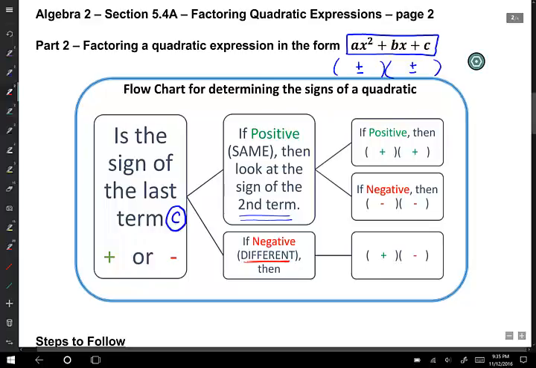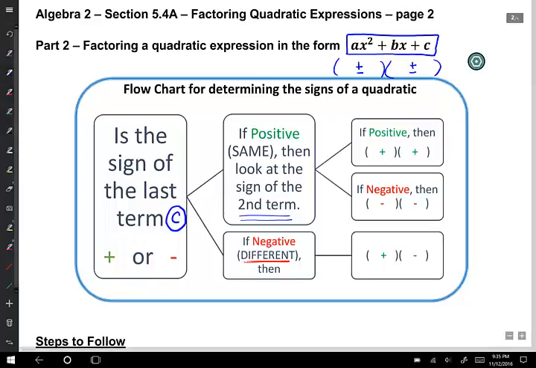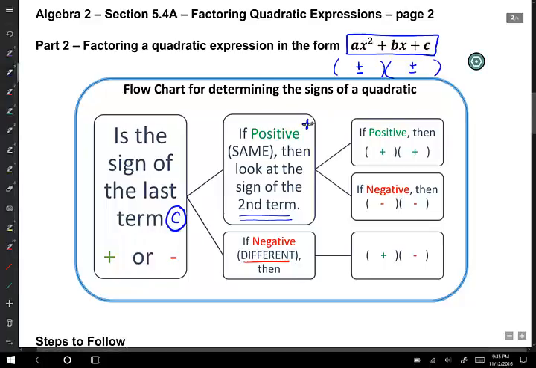So we're just going to need to remember this, that a positive times a positive is a positive C, and a negative times a negative is a positive C. And so we really want to make sure that we're understanding that the positive C's are going to be here, the negative C's are going to be there.